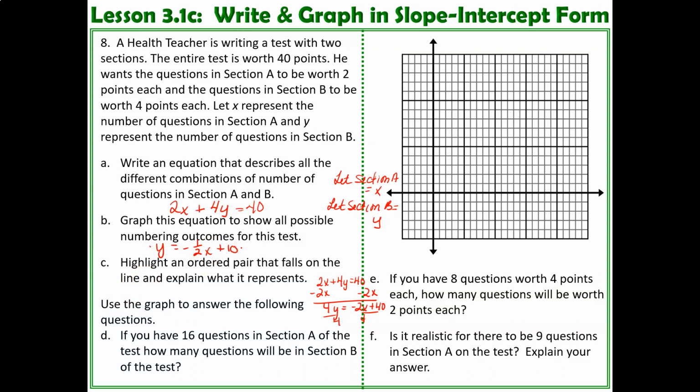So let's look at our graph. So this is the number of questions in section A. This is the number of questions in section B. Okay, so this is 5, this is 10, these are 5s.